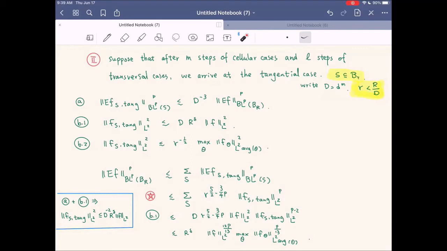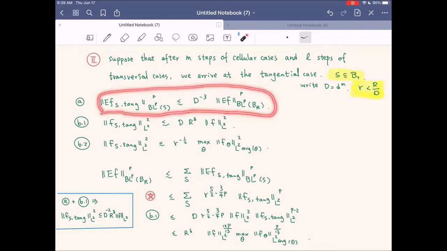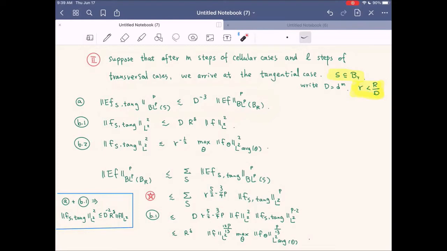Now here is what we get from the polynomial partitioning: each piece is less than d to the minus 3 of the total BLP norm.